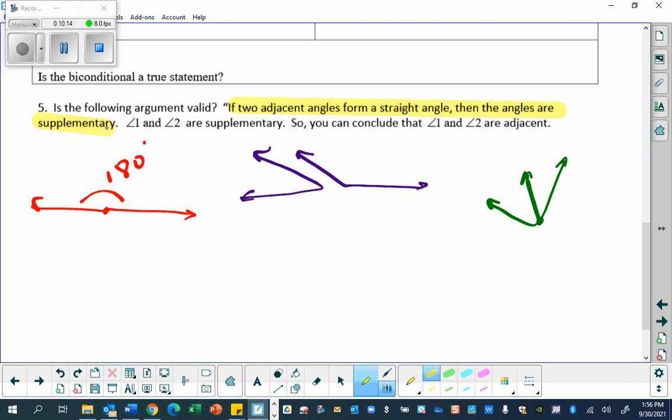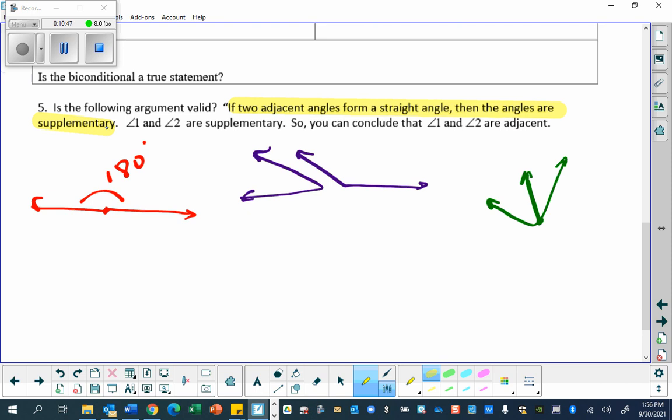If they form a straight angle is where I have an angle that's open all the way to 180 degrees. So two opposite rays. Somebody said last class, what's the difference between a straight angle and two opposite rays? Nothing. Two opposite rays are a straight angle. So, okay, there's my 180 degrees. So if two adjacent angles form a straight angle, then the angles are supplementary. Supplementary meaning adding up to 180 degrees. Hey, y'all, that's a true statement.